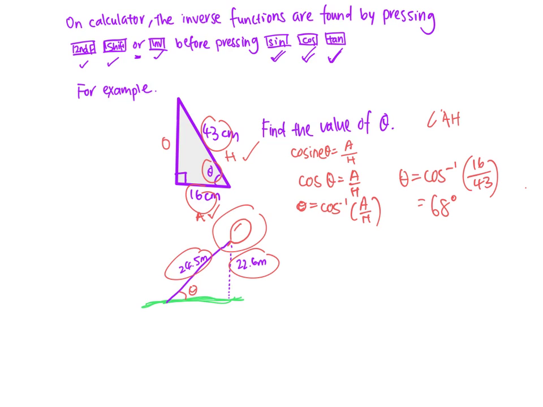From there, we will know that that length becomes the opposite, which is O, and the longest length, 24.5, is your hypotenuse. One of the trigonometric ratios that uses both of these lengths is your sine.